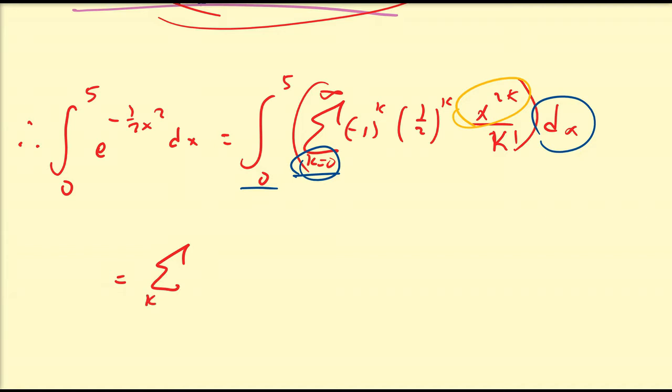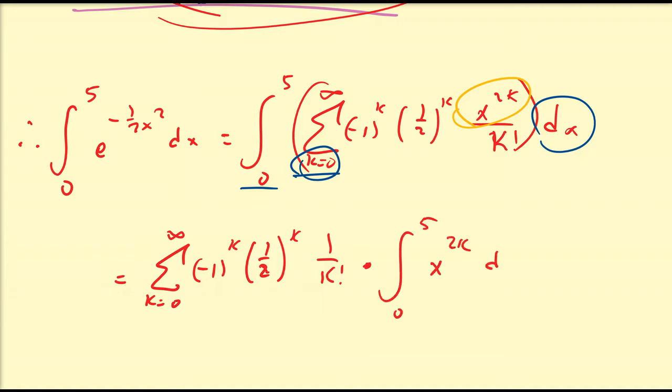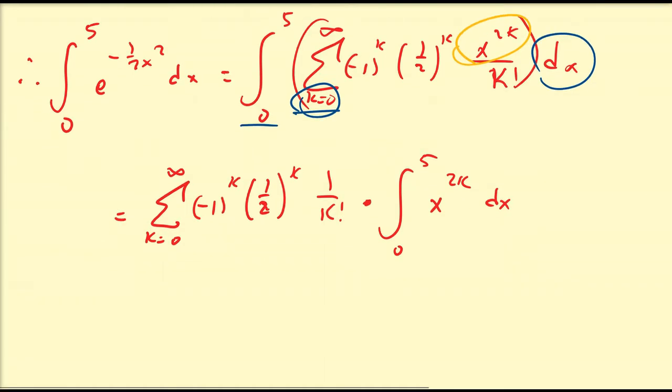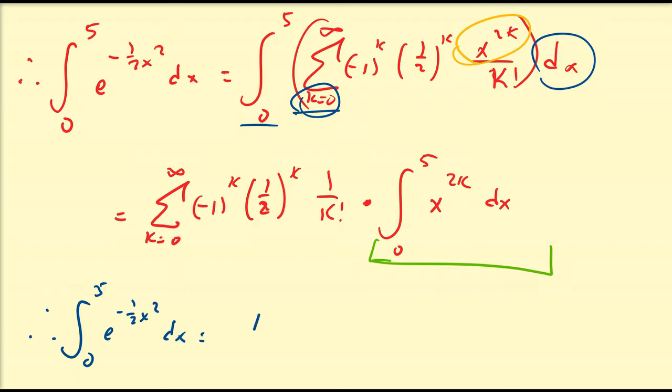So this is going to be the summation from k equals 0 to infinity of negative 1 to the k, 1/2 to the k, 1 over k factorial times the integral from 0 to 5 of x to the 2k dx. I can apply the power rule on this expression. So the integral from 0 to 5 of e to the minus 1/2 x squared dx is equal to the sum from k equals 0 to infinity, negative 1 to the k, 1/2 to the k, times x to the 2k plus 1, since we raise the power by 1, divided by k factorial and the constant 2k plus 1.